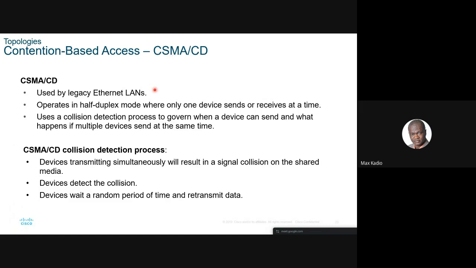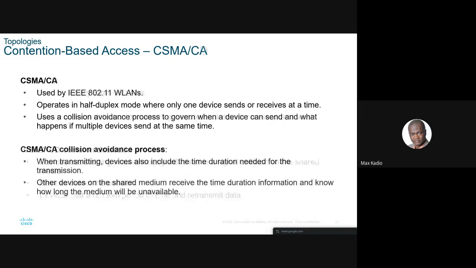When the line is free, hi guys, the line is free. So it was a technology to avoid collision, accident. We have CD for network cables and CA for wireless. But nowadays, everything is full duplex, so we don't need this anymore.